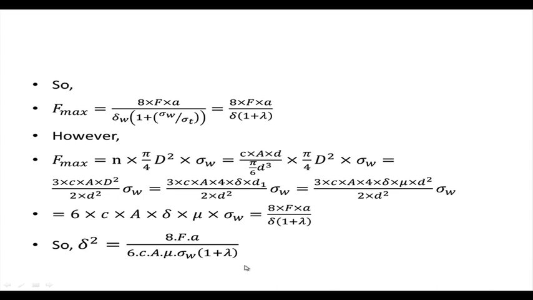Let us inspect what we have here. We have delta square, that means deformation or indentation square, is equal to 8 into F, that means static force, into amplitude divided by 6 into concentration square cross section of tool, mu sigma w 1 plus lambda.